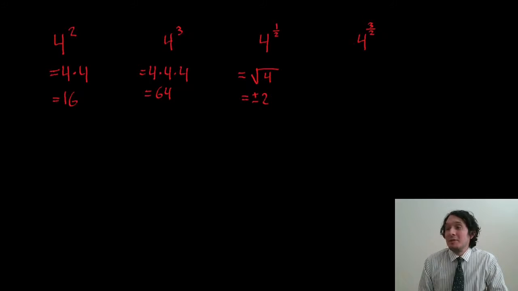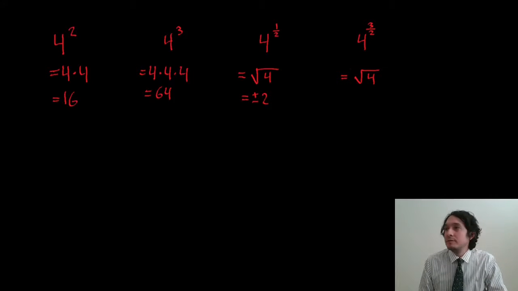Well, what about something scary looking like this? 4 to the power of 3 over 2. Well, same idea. Our denominator here is 2, and therefore this is the square root of 4. But on this problem, we have a numerator as well. It's to the power of 3.